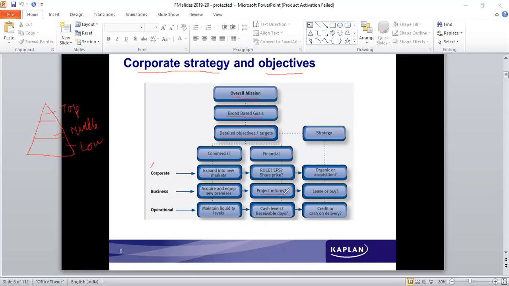So at the top level, to achieve this overall mission, would they go on an incremental basis? Incremental basis is to grow gradually year after year. So in the first year, if they have achieved a target of some X number of units sold, the next period maybe another 10% increase.